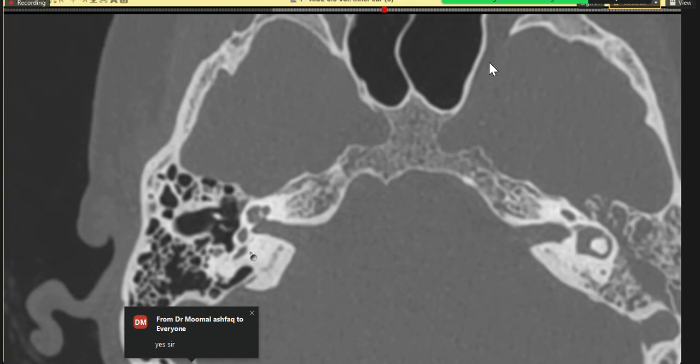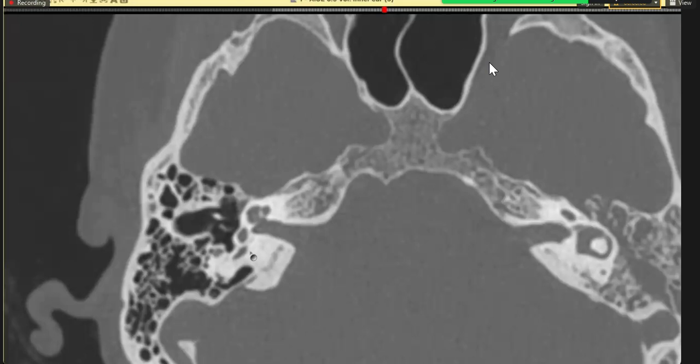Please remember, with glomus tympanicum, clinically it will be what we call a red tympanic membrane. The tympanic membrane is a very thin structure. When they do otoscopy, they will see a red tympanic membrane, number one.